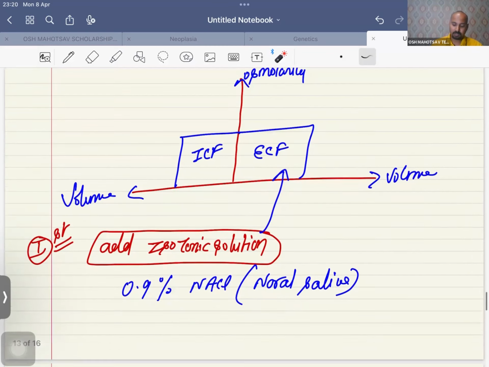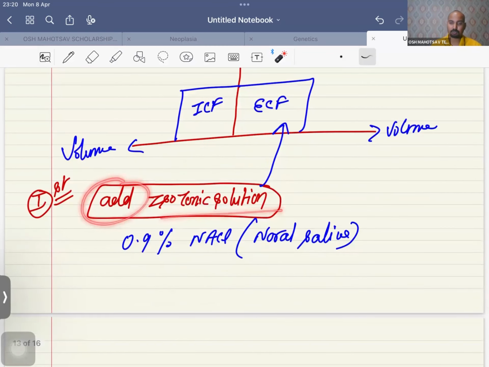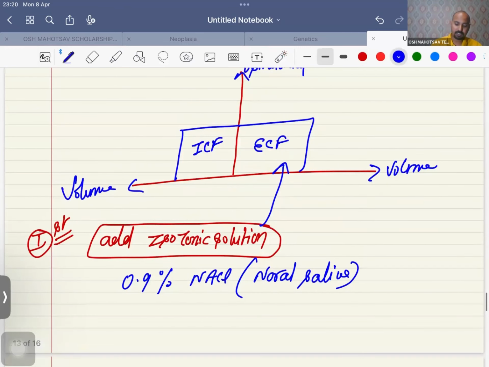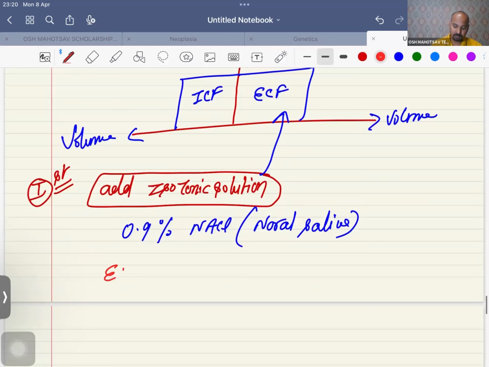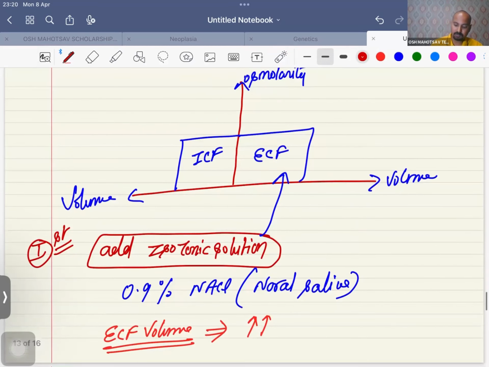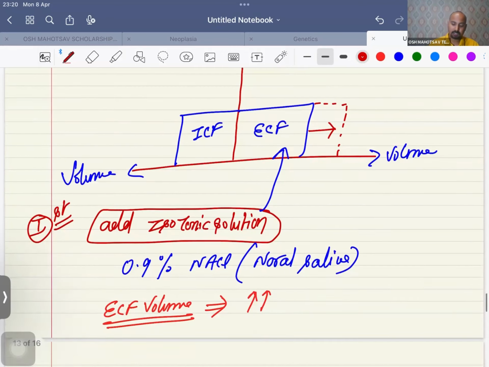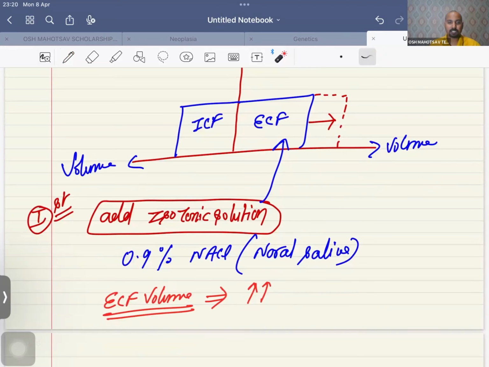Okay, so when we add isotonic solution in ECF, in that case what will happen with ECF volume? ECF volume will increase or not? It will increase. So the graph will shift like this. ECF volume will increase like this. Okay, and what about osmolarity? Will ECF osmolarity change or not?